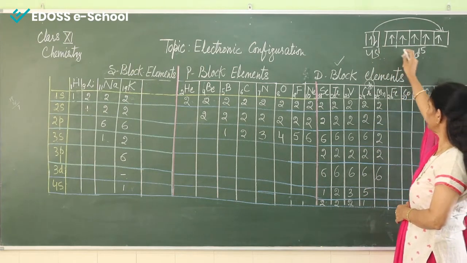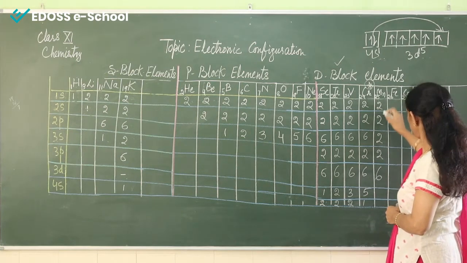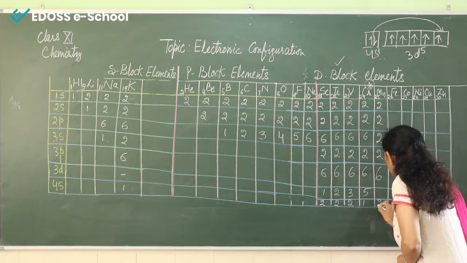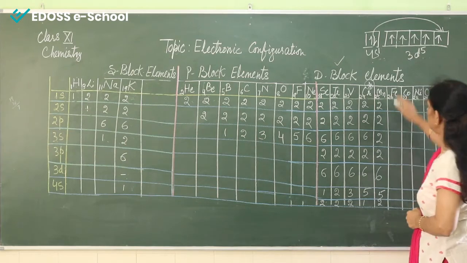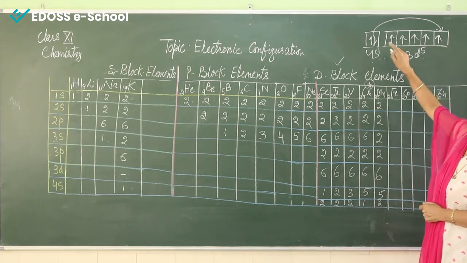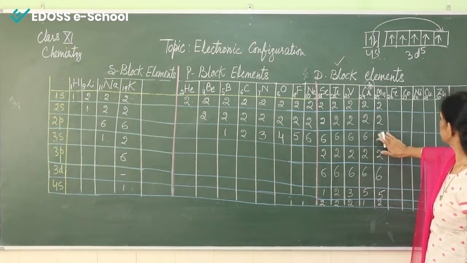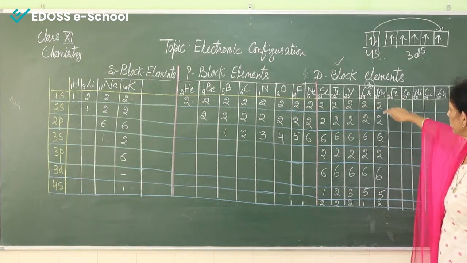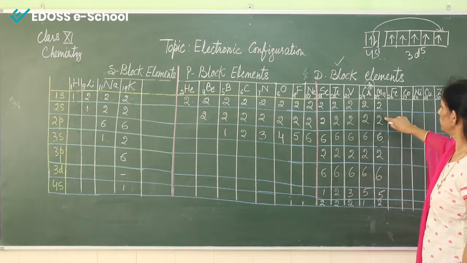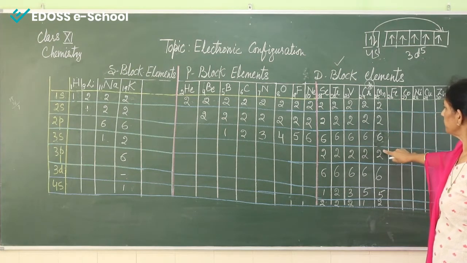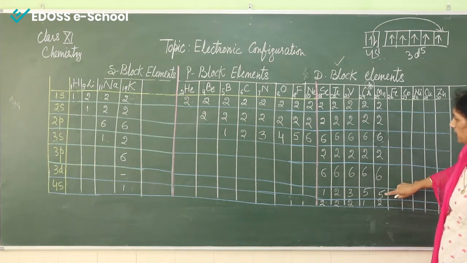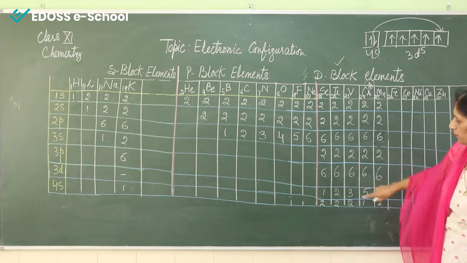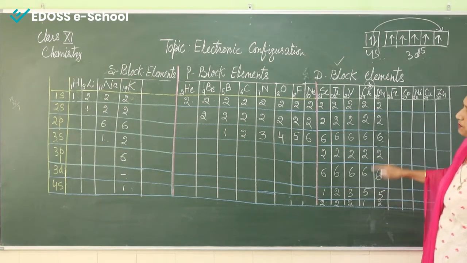So it will be 4s2 and it will remain 5, sorry, here it is 6. So the configuration for Mn is 1s2, 2s2, 2p6, 3s2, 3p6, 3d5 and 4s2. This we have to keep in mind.